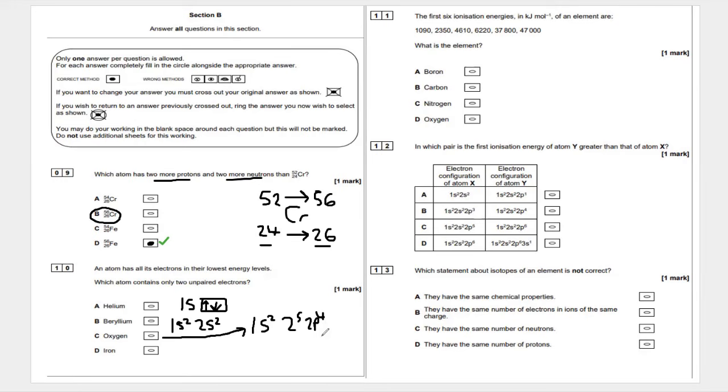And if we look a little bit closer at the 2p orbital, we can see that if you put 4 electrons in there, that is the worst drawing ever, but you can see roughly from this terrible drawing that I have 2 unpaired electrons in that 2p4. So the answer is C. Okay, moving on.